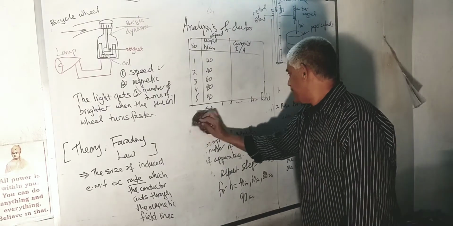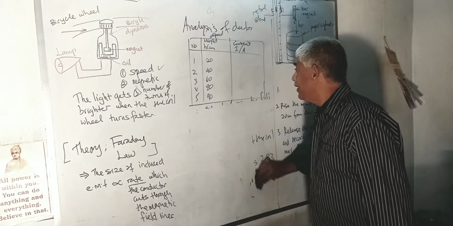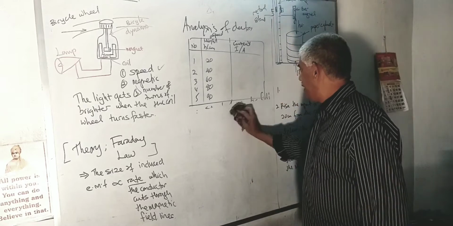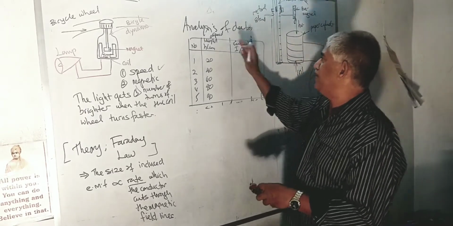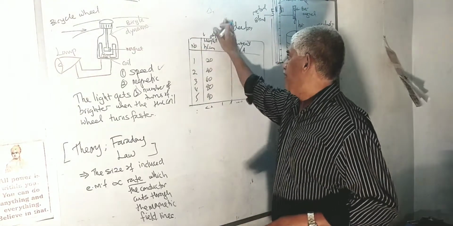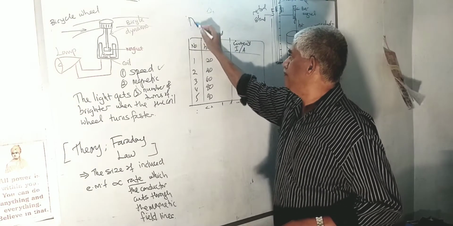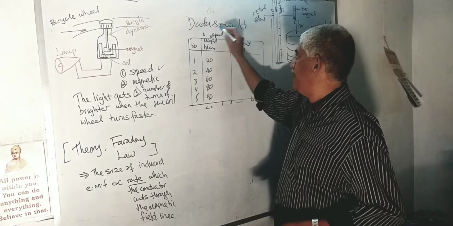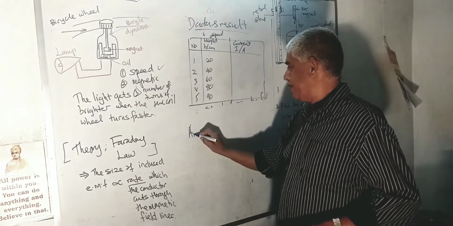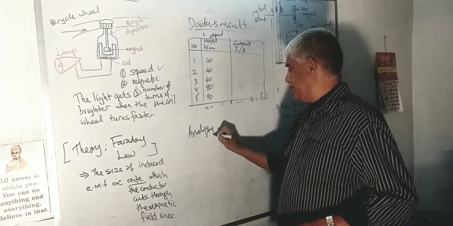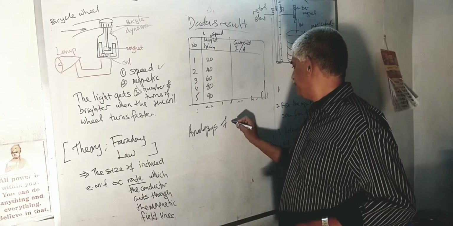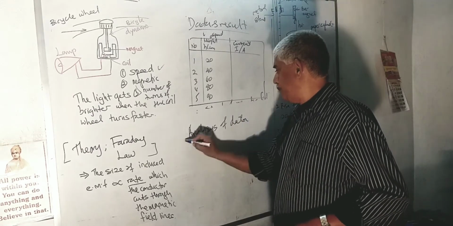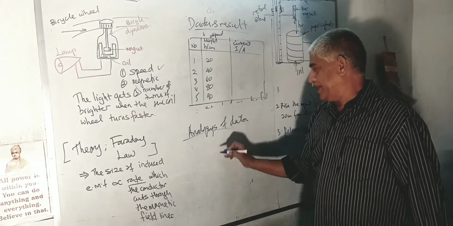Okay, so the last part will be, excuse me, it's not analysis of data, it's data only. Okay, data and result. So the next will be analysis of data. You just need a graph.